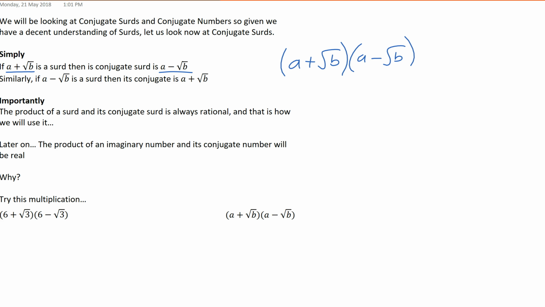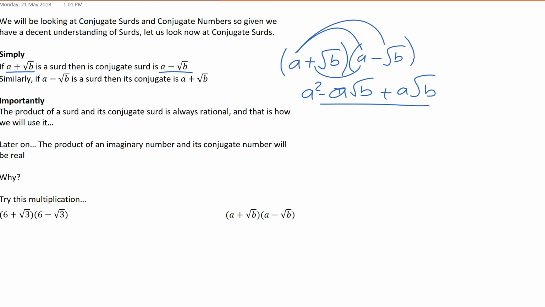If we expand that, and I'll do it now, what is the first part? Second part is minus a root b. This part here is plus a root b. What happens to those? They cancel out, eh? What is plus root b times negative root b? It's just minus b, isn't it?